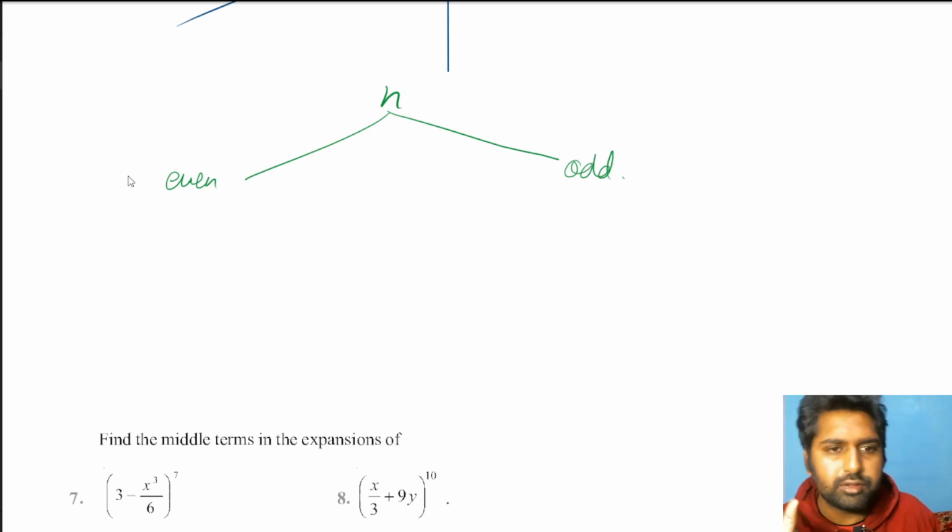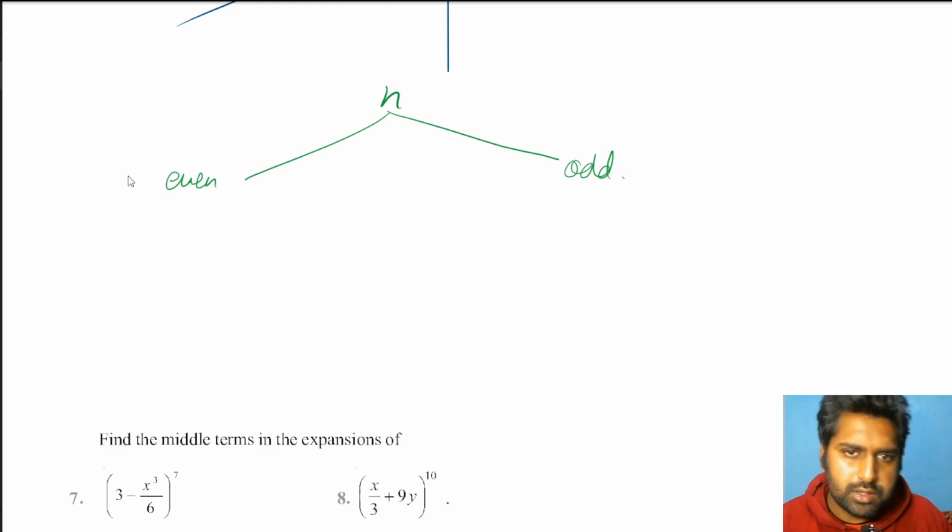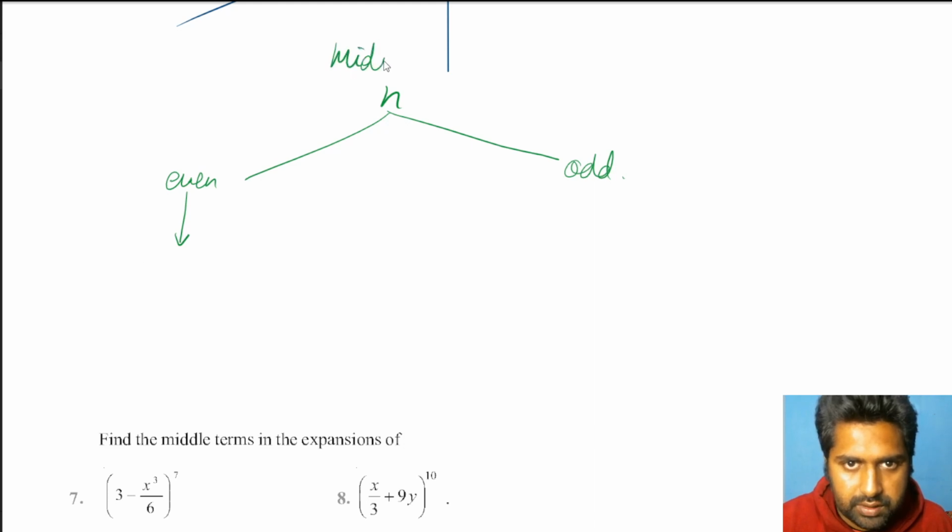If you do the expansion of power 3, you get 4 terms. So every time you are doing power expansion of any particular power, you get one more term. So if you are doing power n, which is even, you will get n plus 1 terms. So you will get odd number of terms. In odd number of terms, you will have one middle term in between, and that middle term, the concept is for middle term.